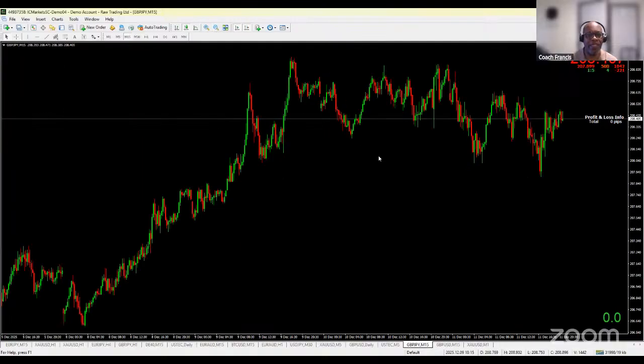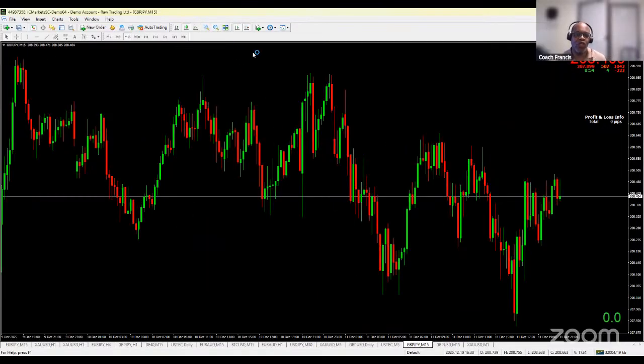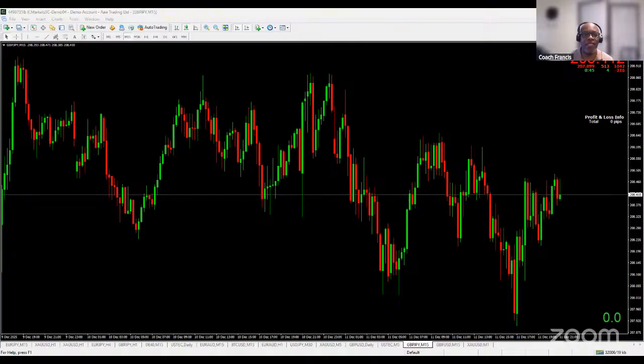I can make it small, so I can actually see more candles to the left-hand side here, or I can make it bigger, so I can only see a few. So we basically do our analysis looking at the candlesticks and determining whether the market is going up or whether it is going down. That's basically what it is.